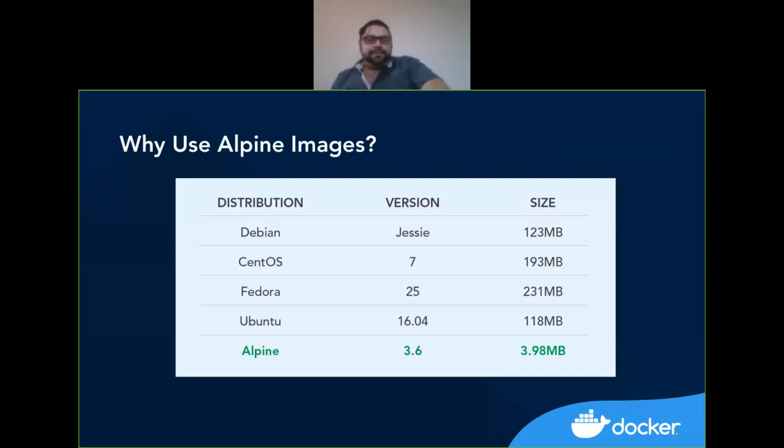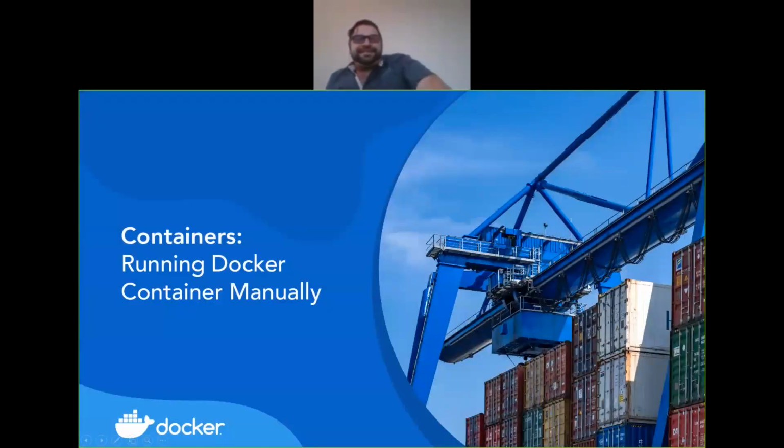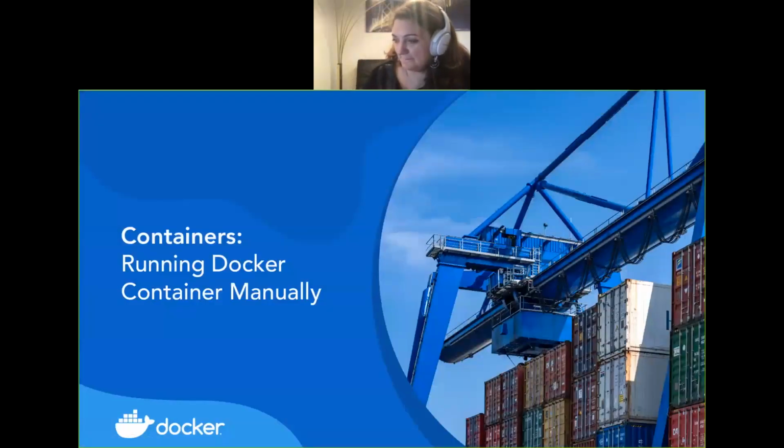Alpine is almost 4 megabytes versus 100 plus. So if we are going to use these types of images in our continuous integration environment, the performance is better working with Alpine images. Okay, so I think I can start with the demo.